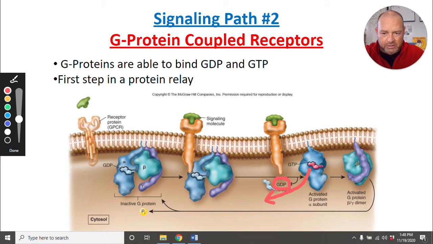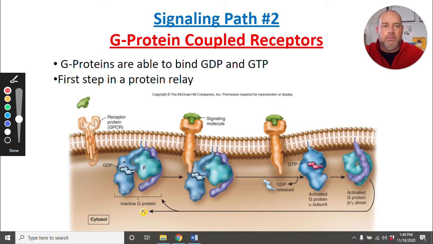GDP is this blue guy right here, and he gets kicked out, and then it gets replaced right here with GTP, the pink one. So the blue one over here gets kicked out, the pink one goes in, and that's going to cause these two big complexes right here to split. So this whole thing was one thing altogether, and now we're splitting it into two separate things over here.